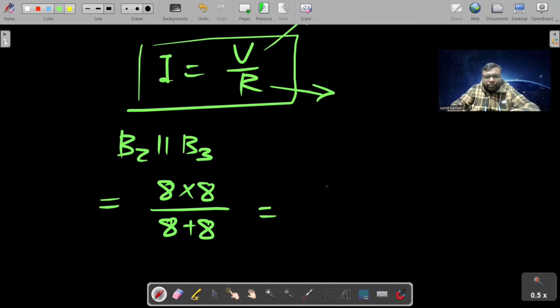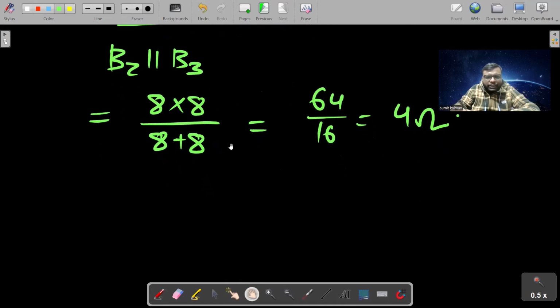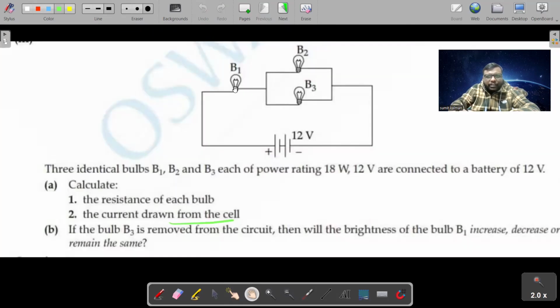So here it will become 64 upon 16, and it will become 4 ohm. So here we have calculated the equivalent resistance of B2 and B3.